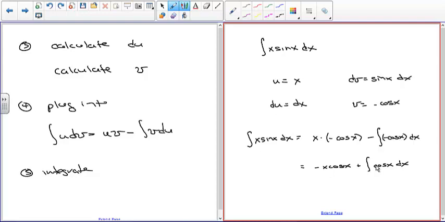So the negatives cancel out. So that's where we are. And then the final thing is you integrate the second term. That second integral now is one that's in the book. The integral of cosine of x is just sine of x. So that's your answer.